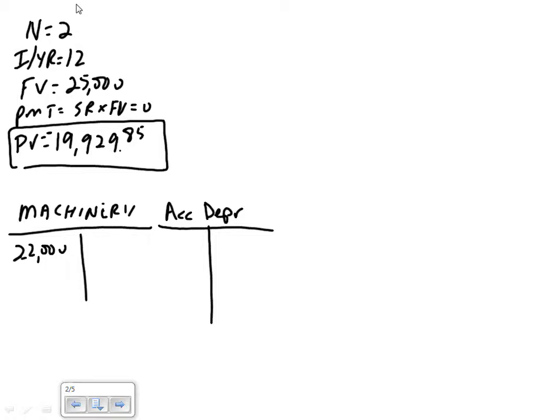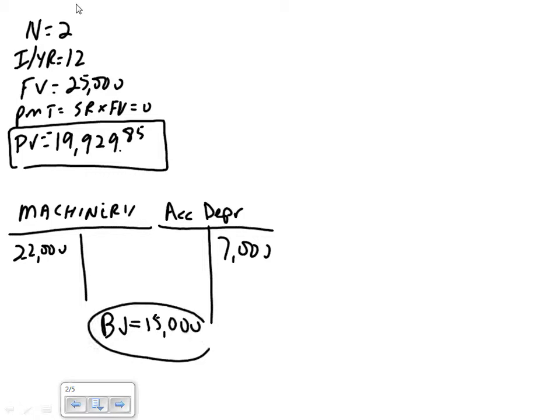Well, the accumulated depreciation would be $7,000, because we know that the book value equals $15,000. That's what they told us, so I solve for the accumulated depreciation. So when we get rid of this machinery, we not only have to take the cost off the books, but we also have to remove the accumulated depreciation.